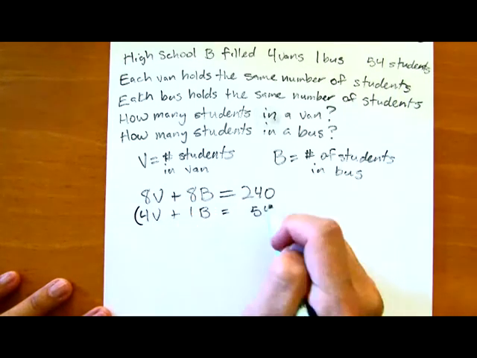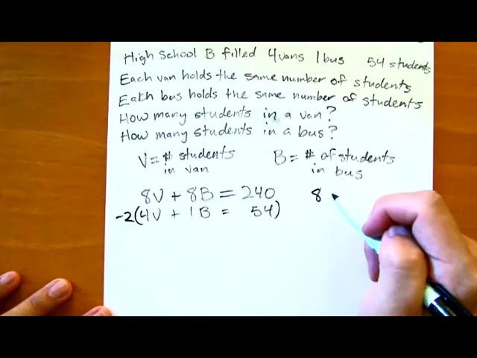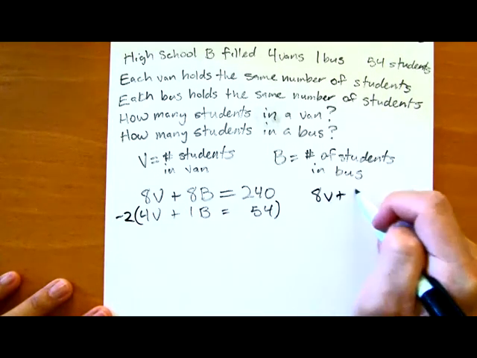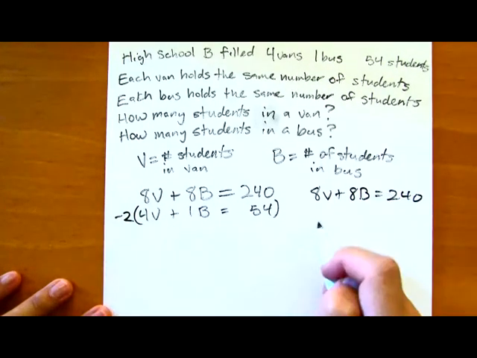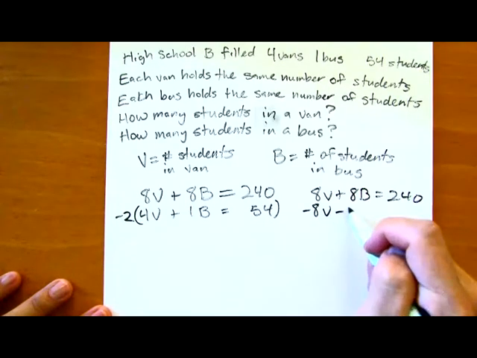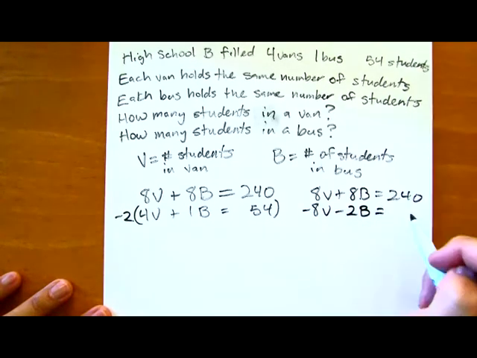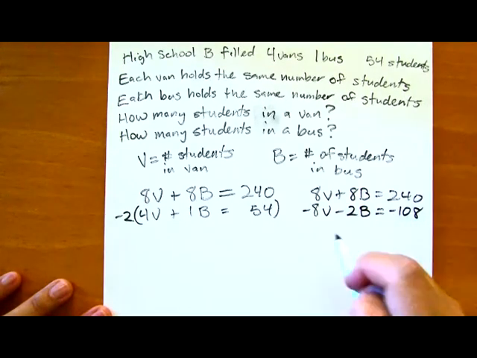I'm going to multiply this one by negative 2. The top one stays the same. If I multiply everything by negative 2, that will give me negative 8V minus 2B equals negative 108.